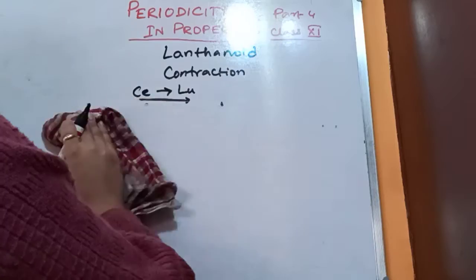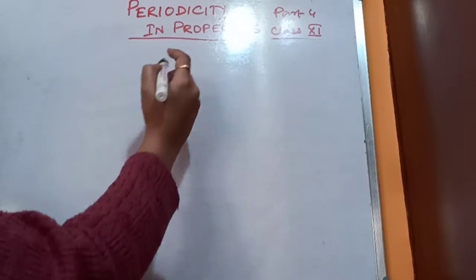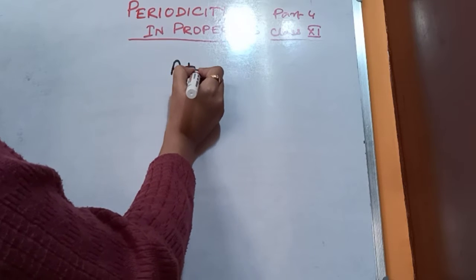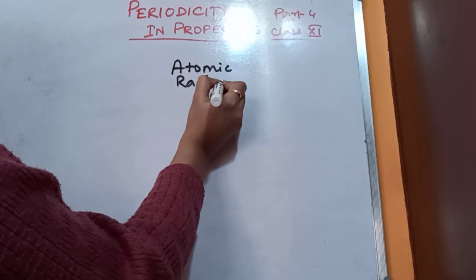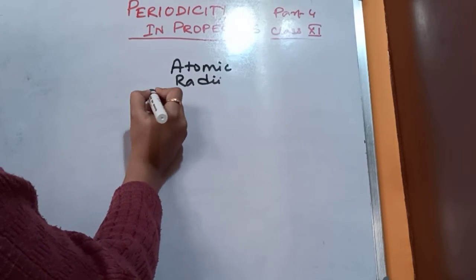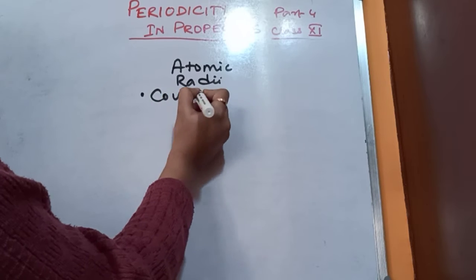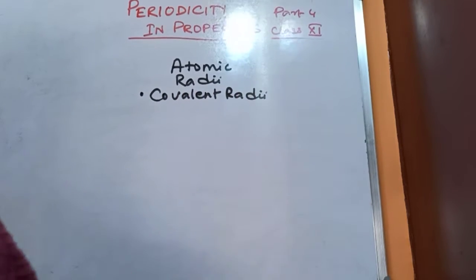Now I'll come to the periodic properties. The first property among these is atomic radii. Atomic radii are of three types. The first type is covalent radii.